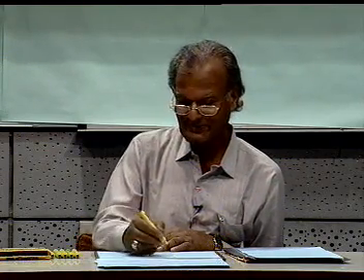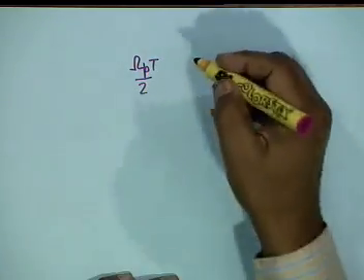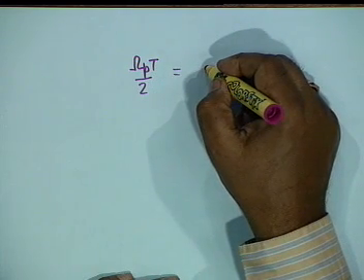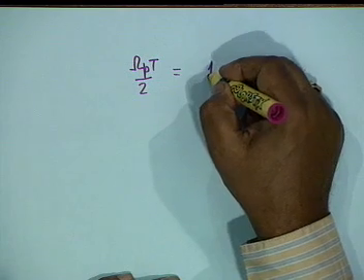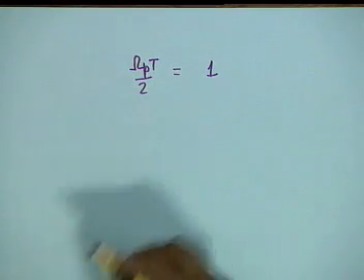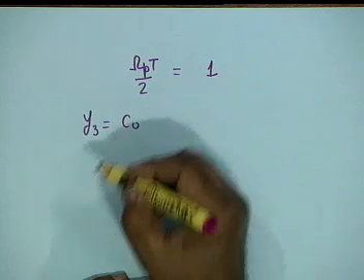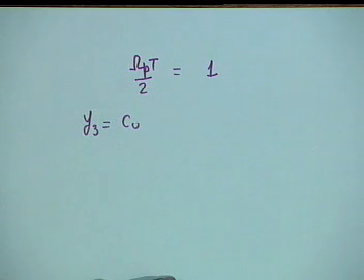Do I know what omega p is? Yes, I do, but as in bilinear transformation you require only omega p T by 2, and that is equal to 1. Wonderful. Omega p T by 2 is equal to 1. That makes life simple. So we have to calculate y3. y3 is also the same as c0.